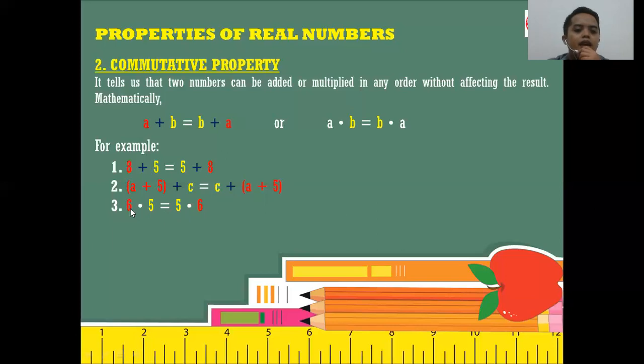Right? The result of 6 times 5 is 30. Then 5 times 6 is 30. So it would not affect the result. That is the commutative property of multiplication. The 6 now would be moved to this side. And then the 5 now would become the first value.